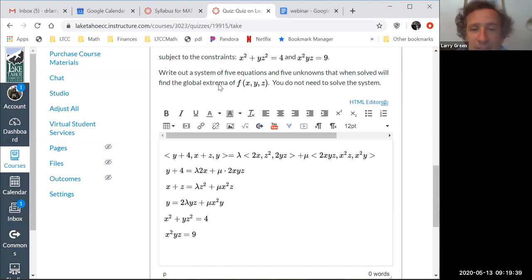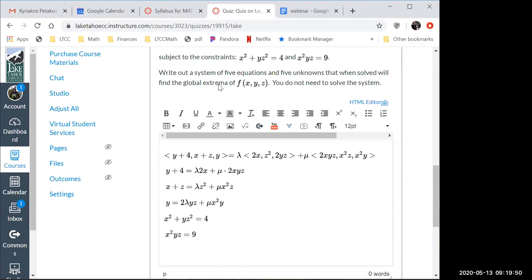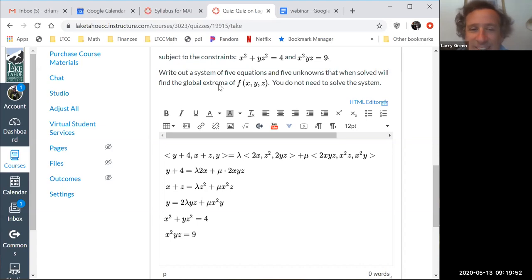I don't feel guilty about this problem, telling you that you do not need to solve the system, because it doesn't really take that long. The longest part about this, I think, is typing. Do you agree? Maybe you took the time taking derivatives, but I think typing takes a long time for this one. But I would never make you solve five equations, 5 unknowns that aren't even linear. Are you kidding?